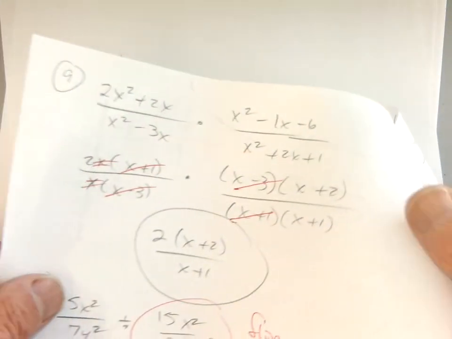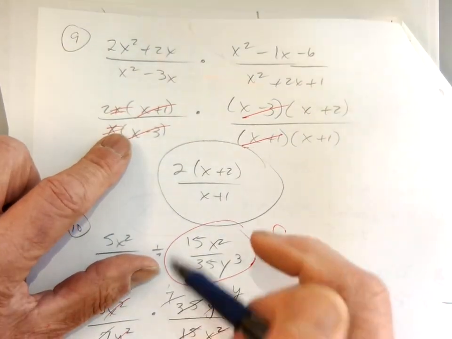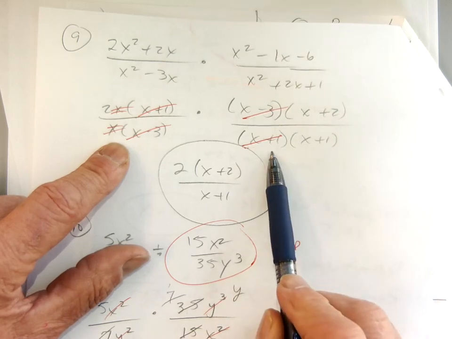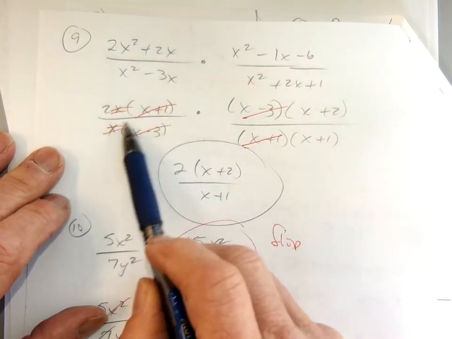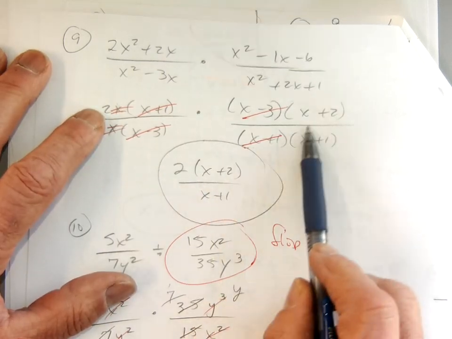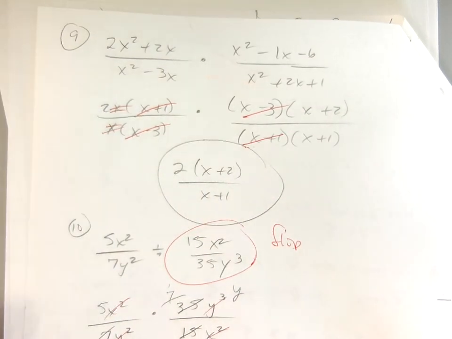Number 9, I factored, common factored: x minus 3, x plus 2, x plus 1, then I canceled, even canceled the x's, and here's my 2 in the numerator, x plus 2 over x plus 1.